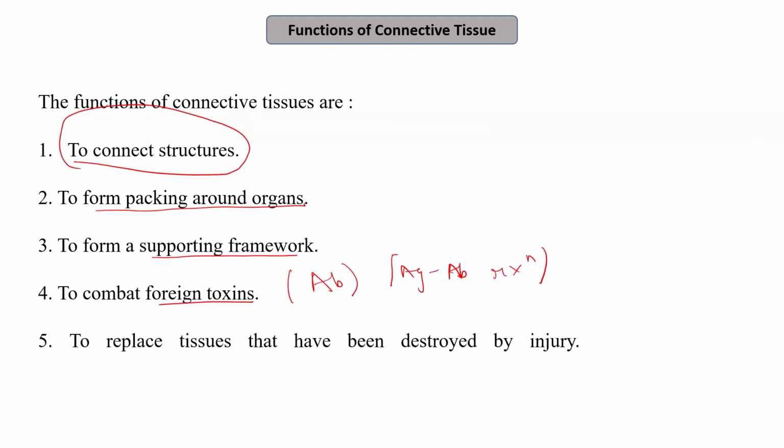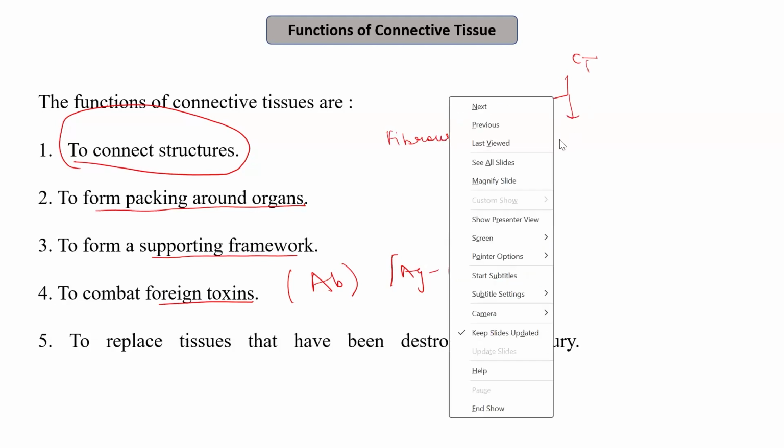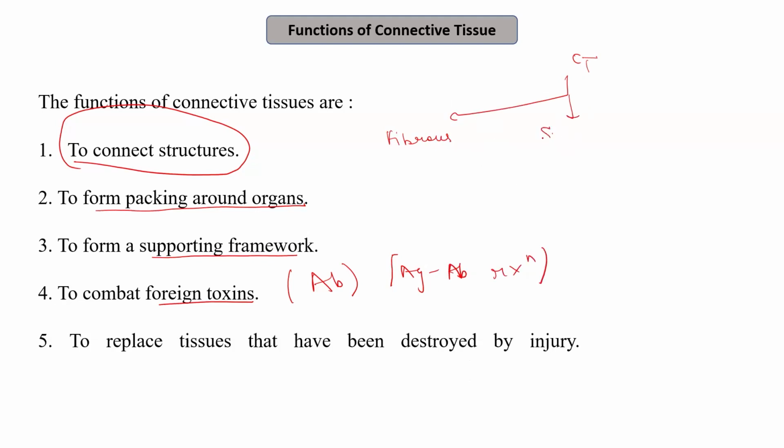As I mentioned, connective tissue can broadly be classified into various types. So it is fibrous connective tissue, skeletal or supporting connective tissue, and then we have a specialized type of tissue, which is the fluid connective tissue.